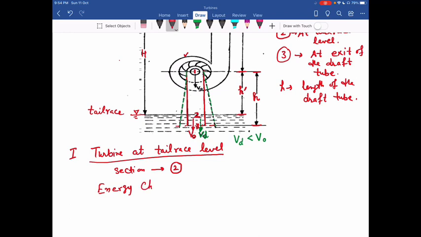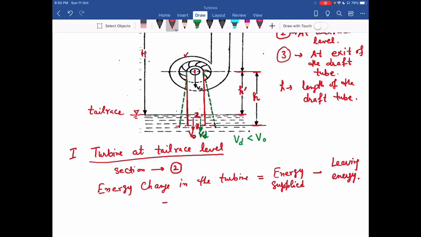The energy change is the energy supplied minus the leaving energy.